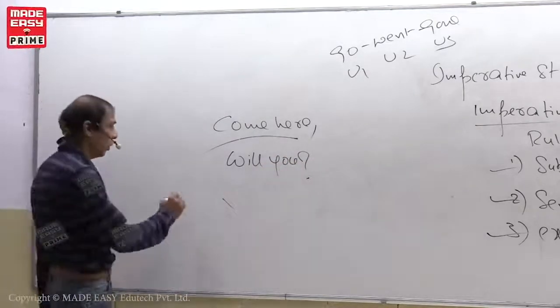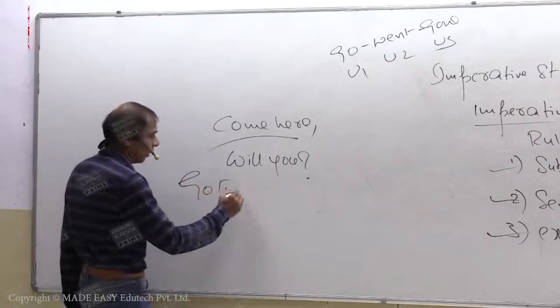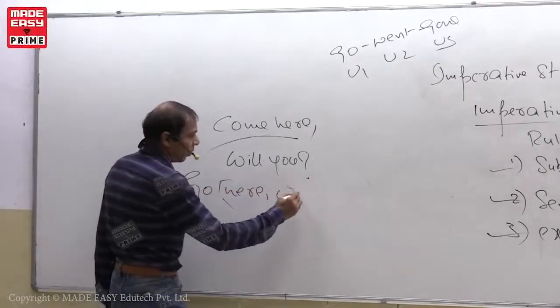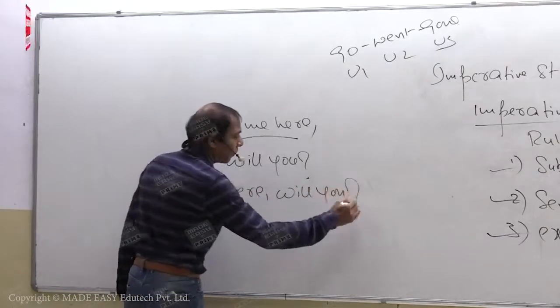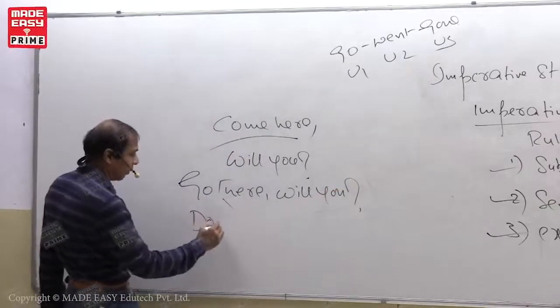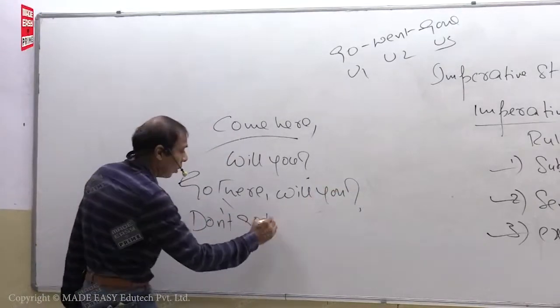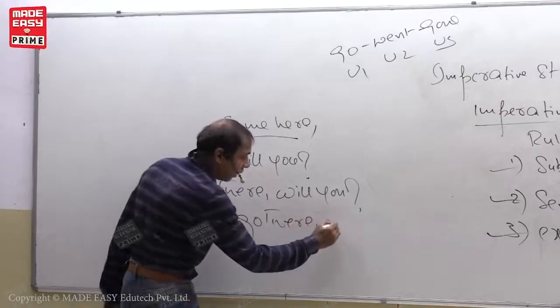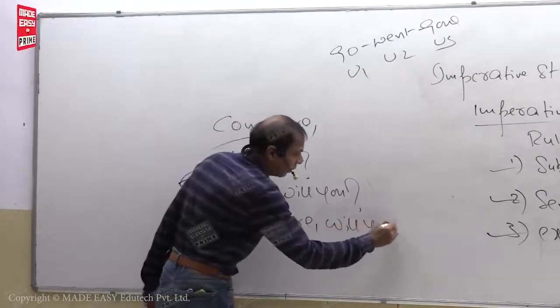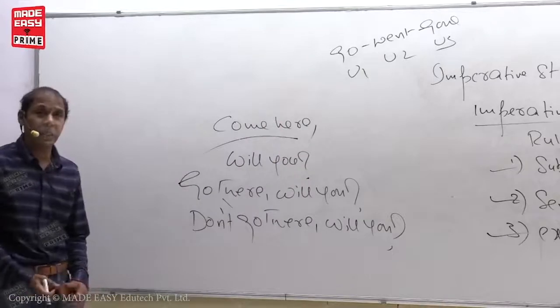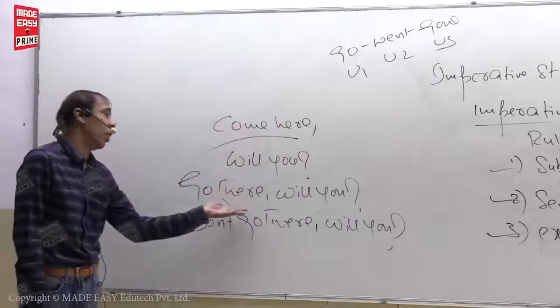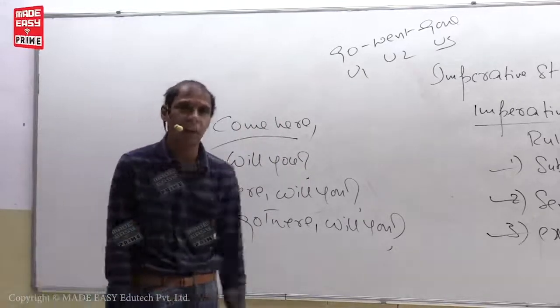Imperatives take will you. Similarly, go there. Will you? Suppose let us take one negative. Don't go there. Will you? That's all. So, my dear students, in the case of imperatives, statement is positive or negative, don't worry. Okay?